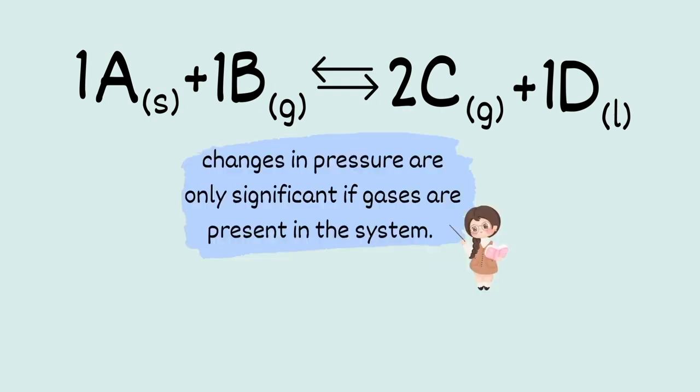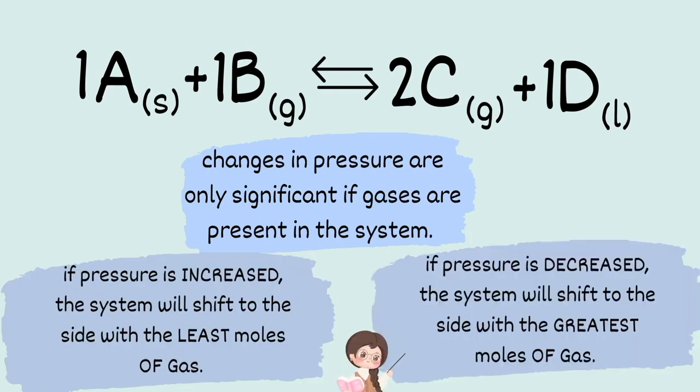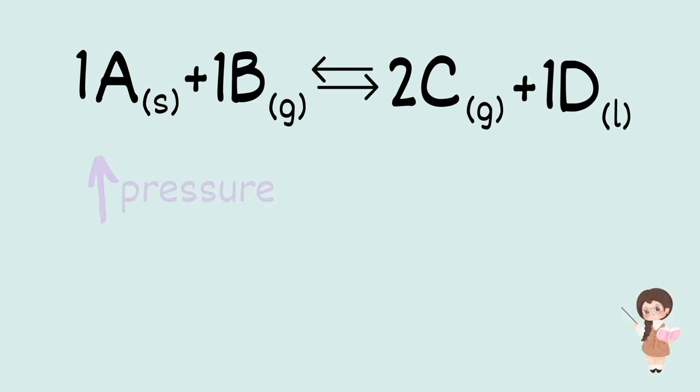Changes in pressure are only significant if gases are present in the system. If pressure is increased, the system will shift to the side with the least moles of gas. And if pressure is decreased, the system will shift to the side with the greater amount of moles of gas. So let's look at an example.